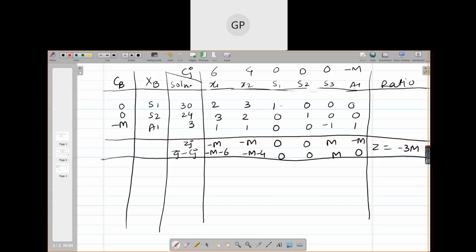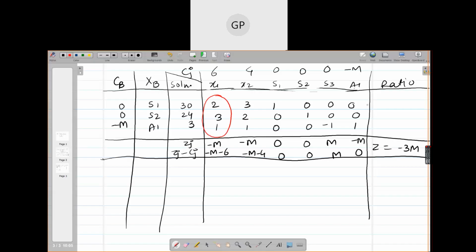When objective function is to be maximized, we consider the most negative value in the Zj minus Cj row. When objective function is to be minimized, we consider the most positive. So minus m minus 6, the corresponding column is your pivot column.